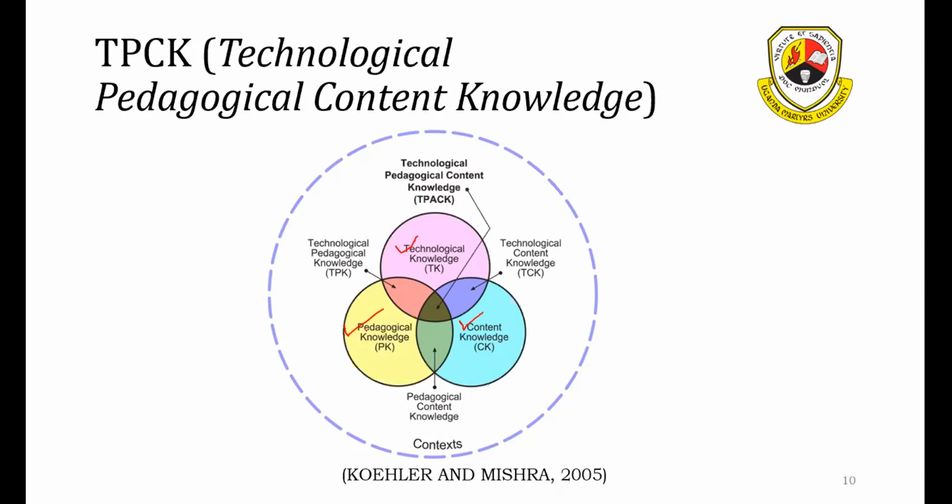Now, each of these domains is quite separate, but when you look at the intersecting areas, this is when you begin to have guidelines on how to select the appropriate technology. So take the example, if you look at this particular domain that intersects between technology and content, this domain is asking us to try and understand the relationship between the technology and the content.